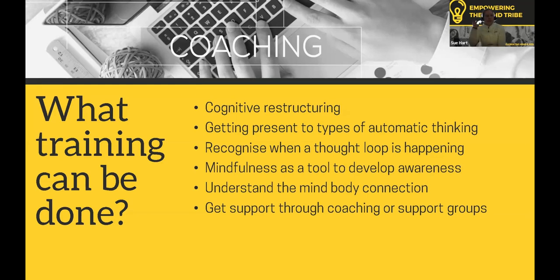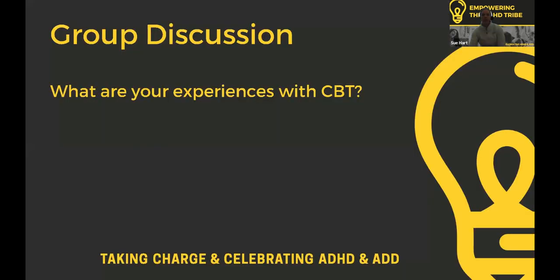So within the support and resources section, there is a worksheet on all the different types of automatic thinking, so you can get present to what they are. Take a moment and just think, what are your current experiences with CBT, cognitive behavioral therapy?